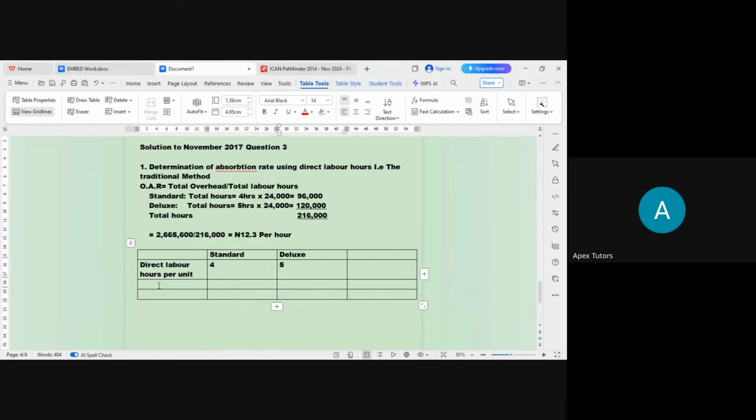Now, from our computation, the direct labor rate per hour based on the overhead absorption rate computed is what? 12.3. So the overhead per unit will be what?